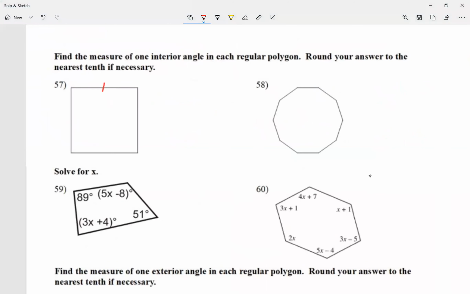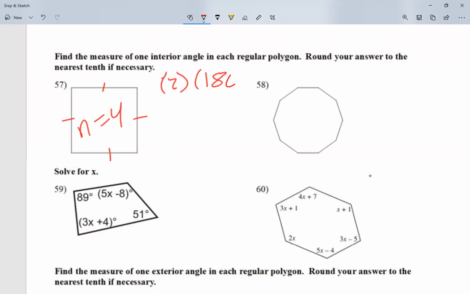Here I have 1, 2, 3, 4 sides. So for me to know how much all of them add up to, I'm going to go 2 times 180. Remember the 2 because n minus 2, remember the formula? So 2 times 180, I know it's 360. All of my angles on the inside are going to add up to 360.